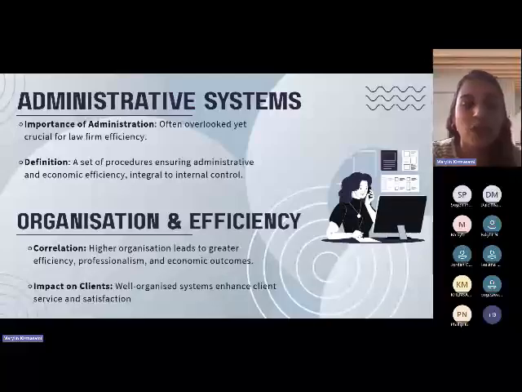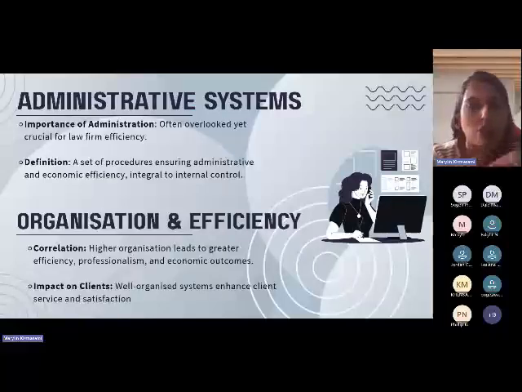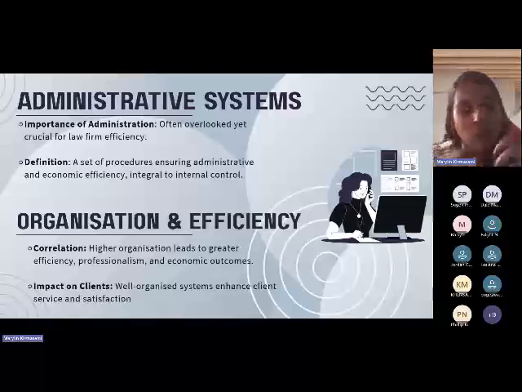Think of your administration as the backbone of your law firm. It's the system of checks and balances that keeps everything organized, efficient, and professional. Without a proper system in place, there will be no control over documentation, client information, etc. There basically will be a lack of control.